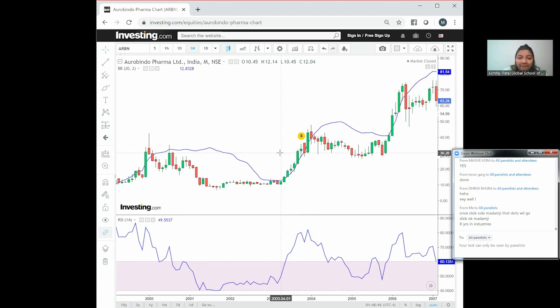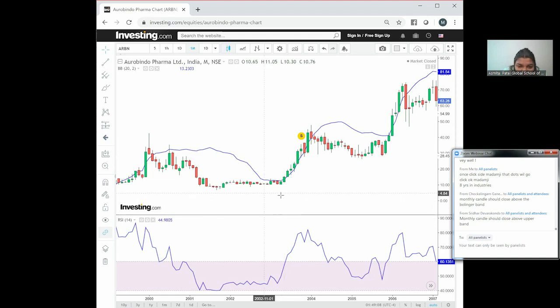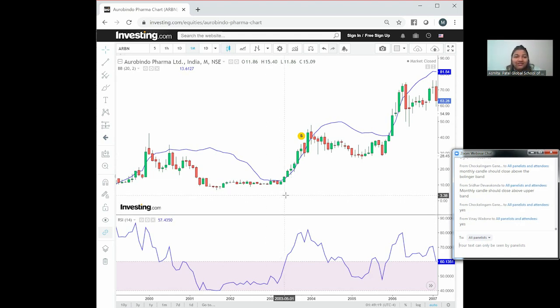What is the trend? Hindustan Unilever. Divi's Lab. Yes Bank.